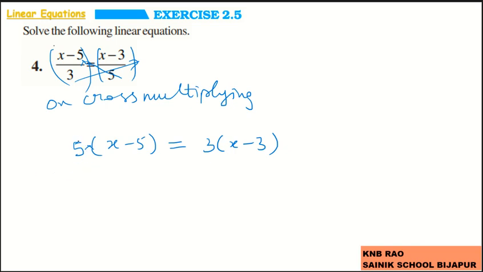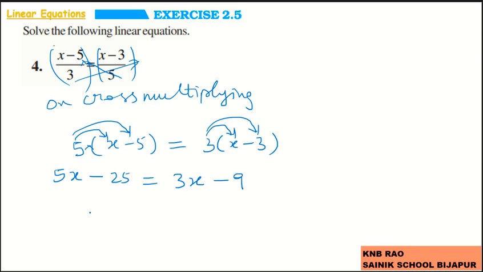Here I have 5 multiplied to x minus 5, which means the distributive property of multiplication over subtraction is to be applied. 5 into x minus 5 is 5x minus 25, equals 3 multiplied over x minus 3, again the distributive property, 3 into x is 3x minus 3 into 3 is 9. So I have this simple equation generated.